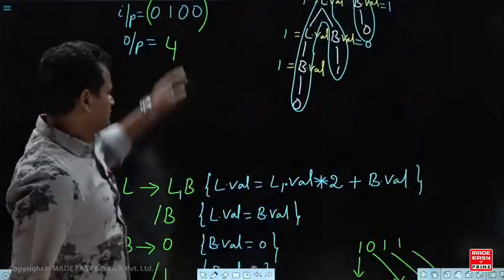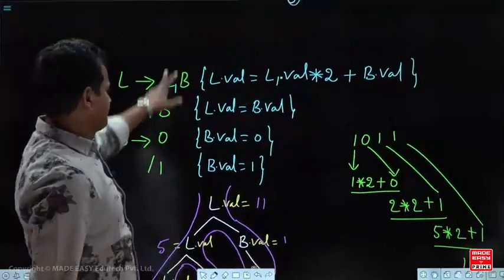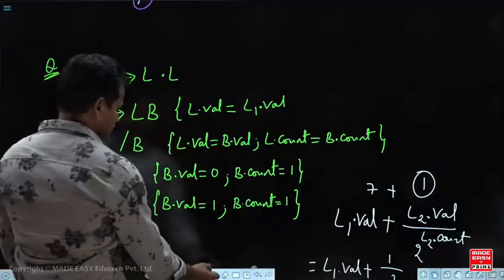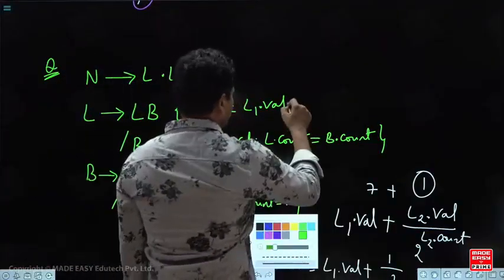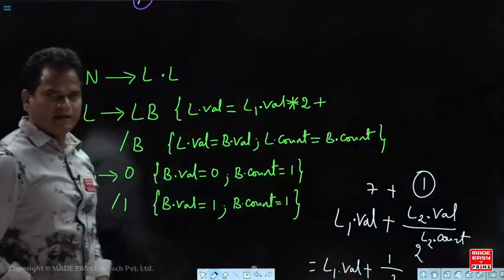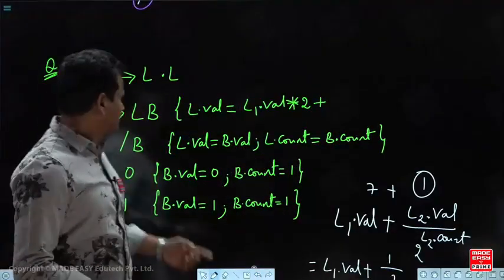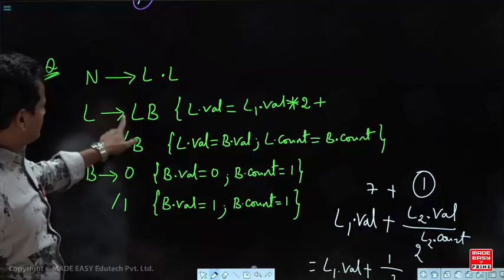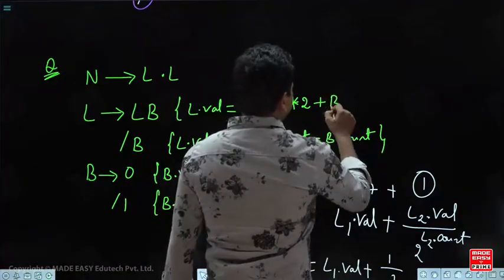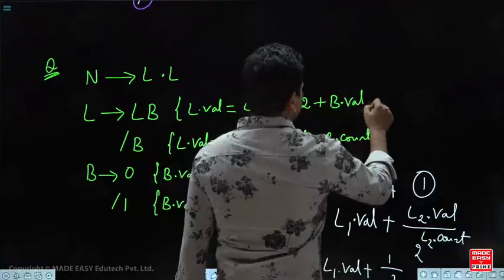Now look at this. Here L derives LB: L dot value equals L1 dot value into 2 plus B dot value, converting the binary number into a decimal number.